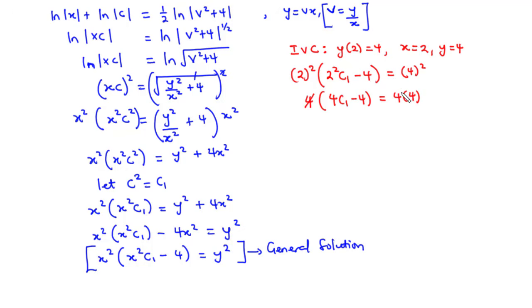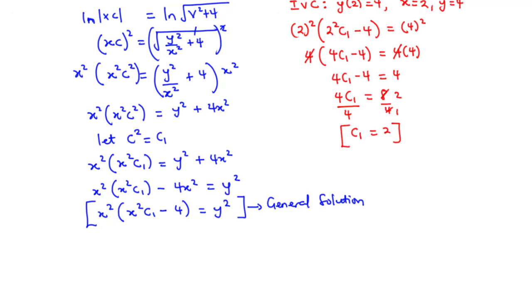So we have this cancelling out this, we are left with 4c1 minus 4 equals 4. We transpose negative 4 to the right hand side, so 4c1 equals 4 plus 4, which is 8. So we divide through by 4, we have c1 equals 2. So therefore c1 is equal to 2.